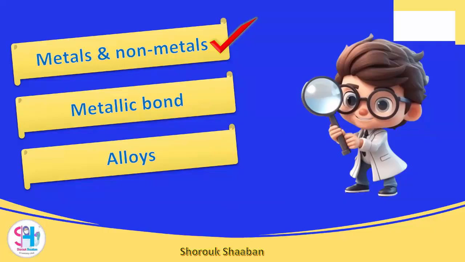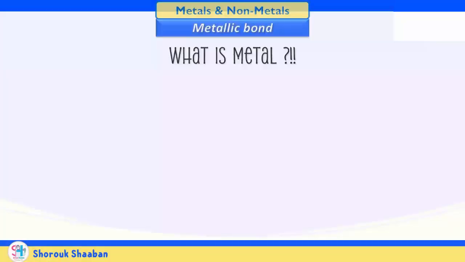Metallic bond. When I say metallic bond, from its name, metallic, do you think it comes from metal or non-metal? That's it, good. Of course, metals. Metallic bond, it's about metals. So I have to remind you what exactly is metal.